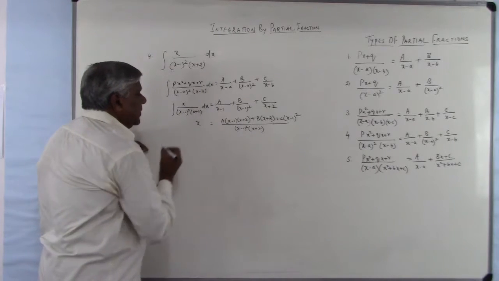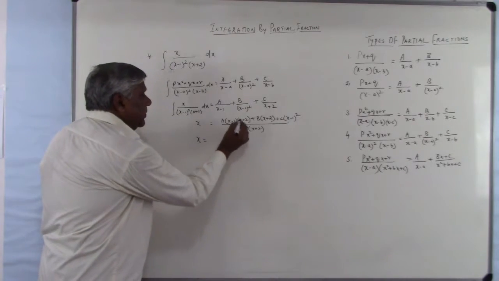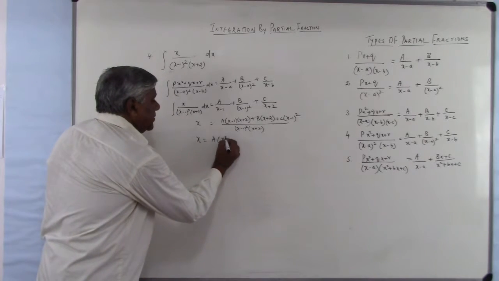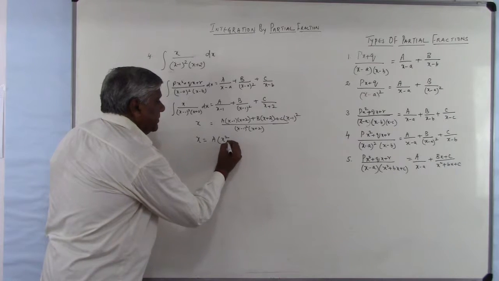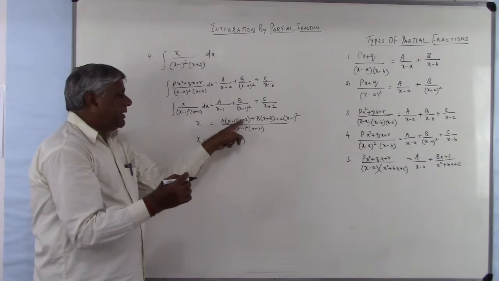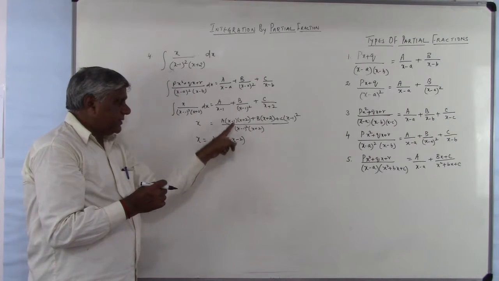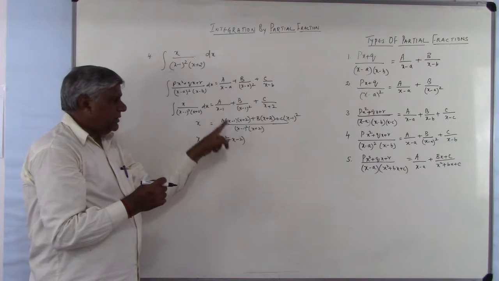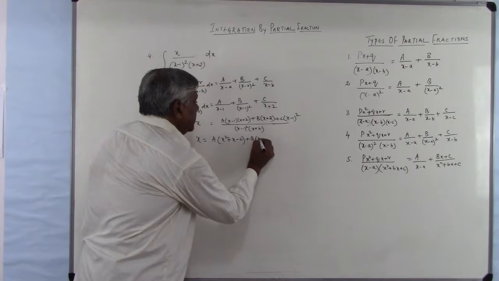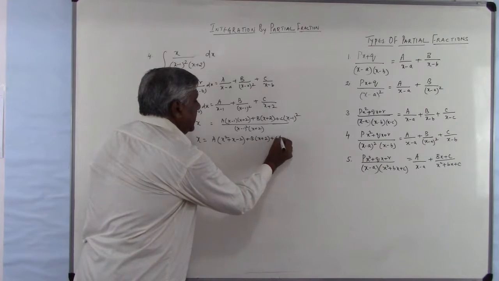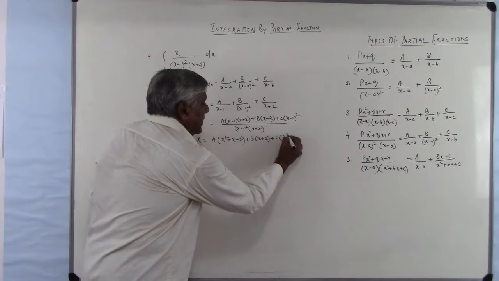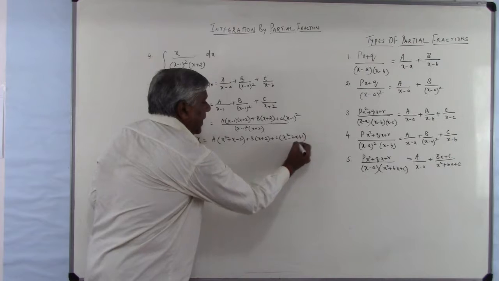Now this is equal to x. Therefore, x is equal to, we will multiply a into x minus 1 into x plus 2, if you multiply this, you get x square plus x minus 2, plus b into x plus 2, plus c into x minus 1 whole square, that is x square minus 2x plus 1.